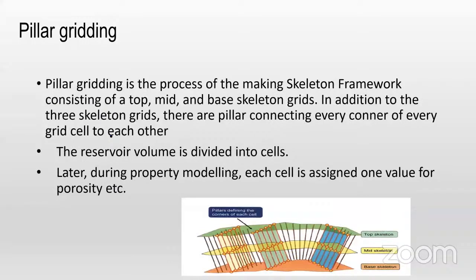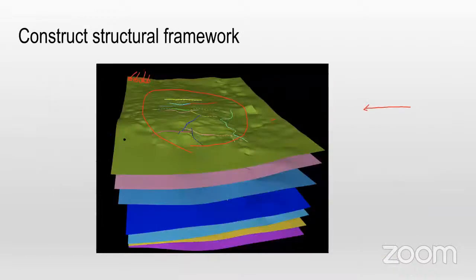Okay, for creating grids, we use the pillar gridding that creates a skeleton for the reservoir, and it creates the grids. And in this step, you can divide the surfaces or layers into the grids. Sometimes you hear that you have a fine grid or coarse grid. What is the difference?